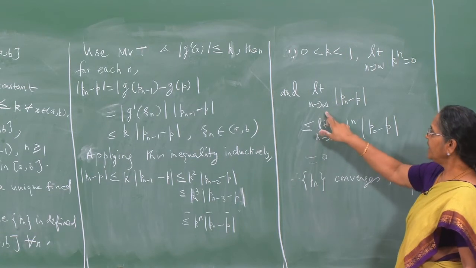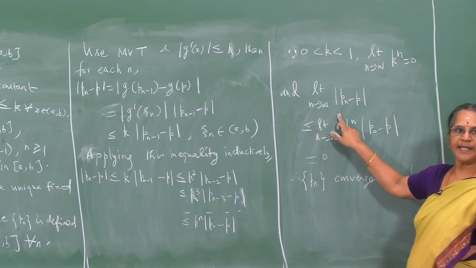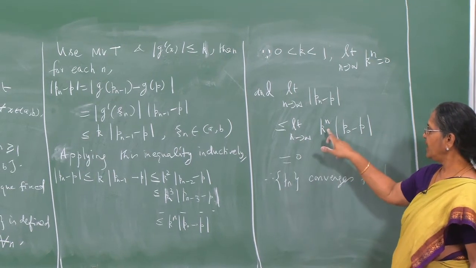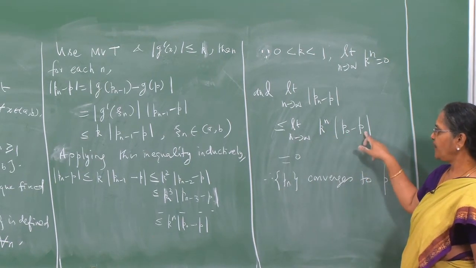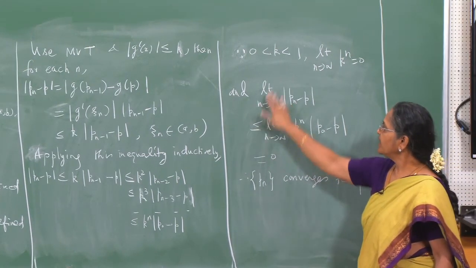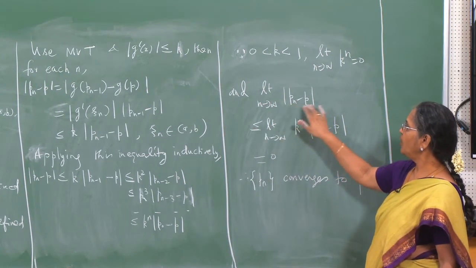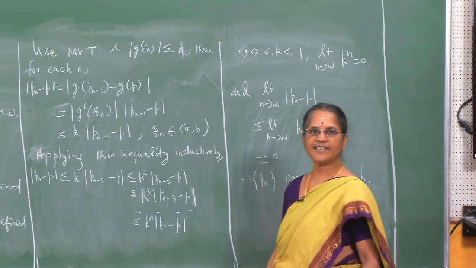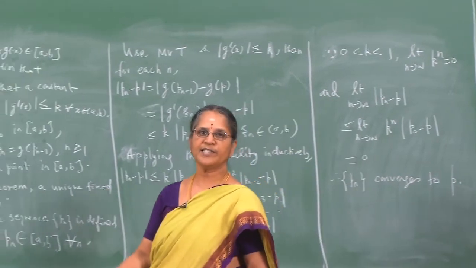Limit as n tending to infinity of mod Pn minus P is less than or equal to limit as n tending to infinity of k power n into mod P naught minus P. But this goes to 0. So, limit as n tending to infinity of mod Pn minus P is 0. What does that mean? It means that the sequence Pn converges to P.